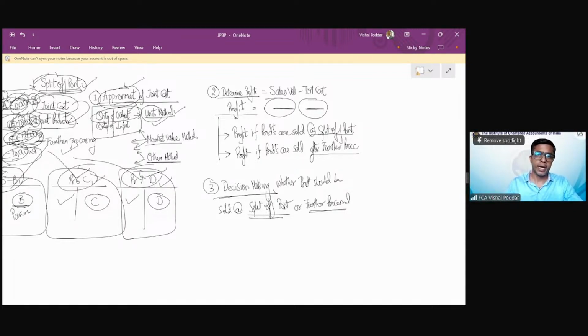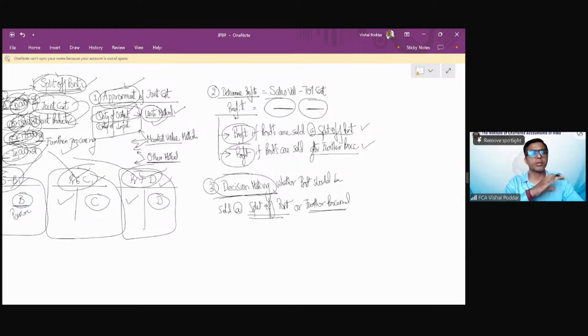So I have to determine, they will ask me to determine the profits. And then the third thing that they may ask me in the question is to give them a suggestion, give them your opinion as to when the product should be sold. Obviously, the logical answer for this third part is that I will compare where I am getting higher profits.